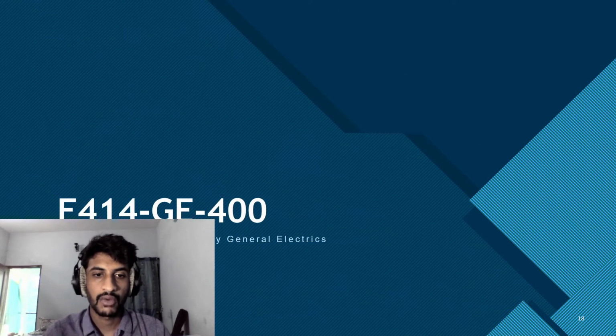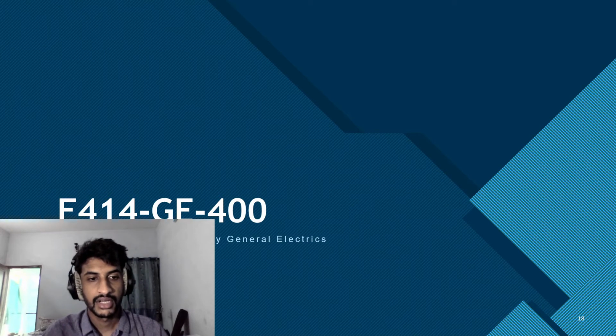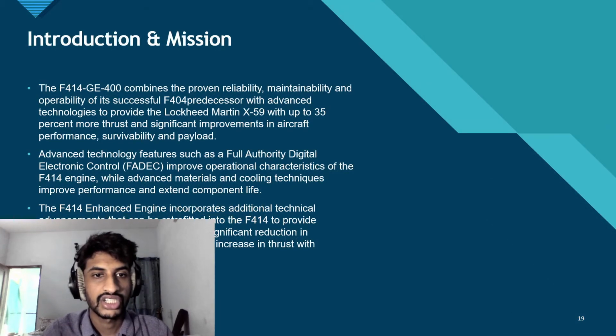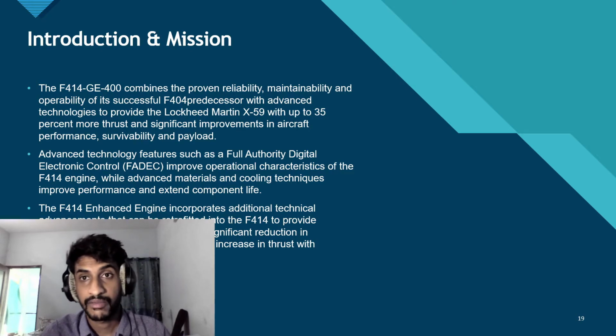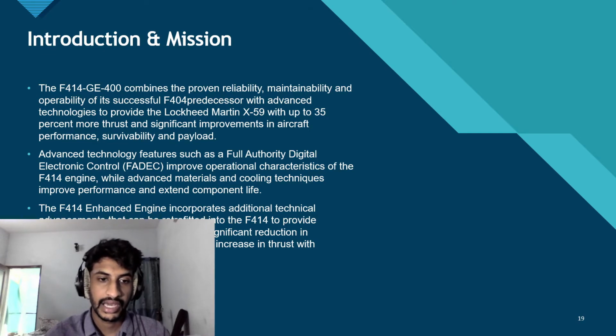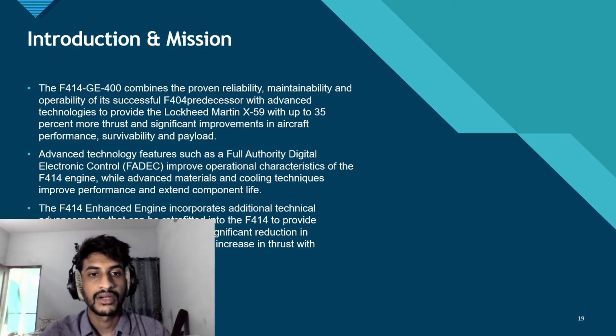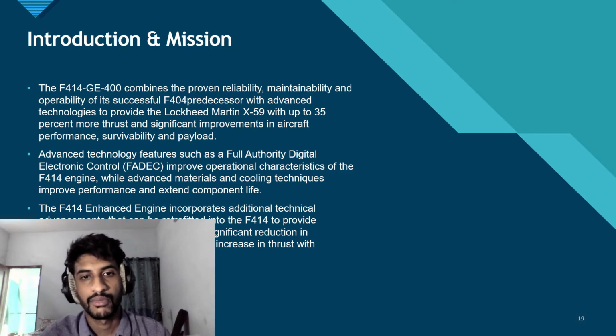Okay, so now we come over to the jet engine which will be used for this aircraft, which is the F414GE400. Introduction and mission. The F414GE400 combines proven reliability and maintainability because it has already been used by aircraft before with the predecessor F404 model.